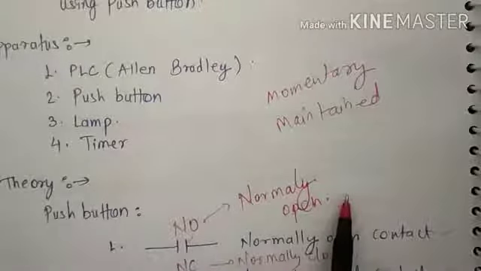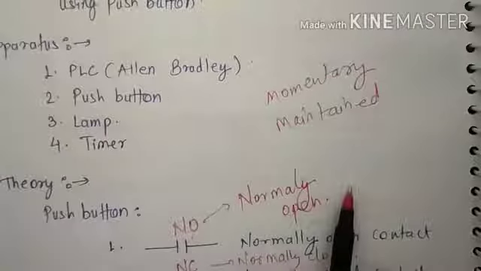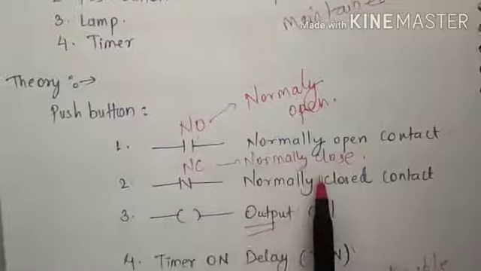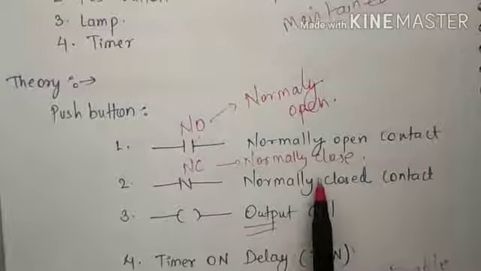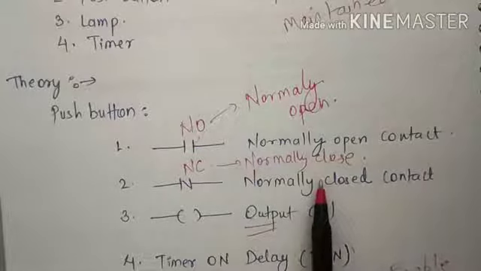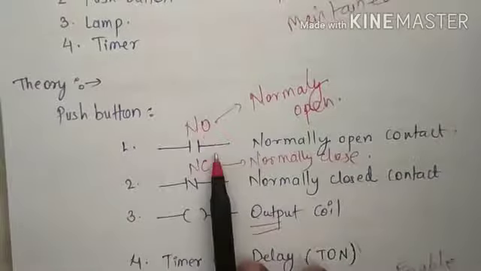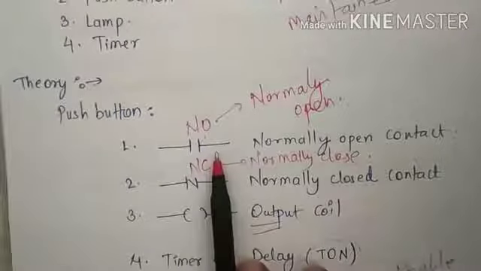But widely, the contacts are of two types, as I have said: NO and NC, normally open and normally closed. Normally open, NO, is closed when the bit value stored at a specific address is equal to 1.